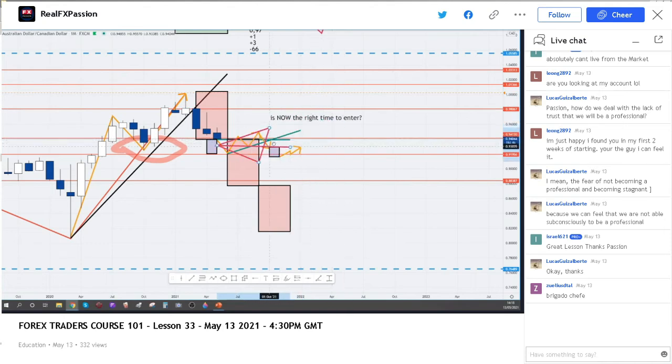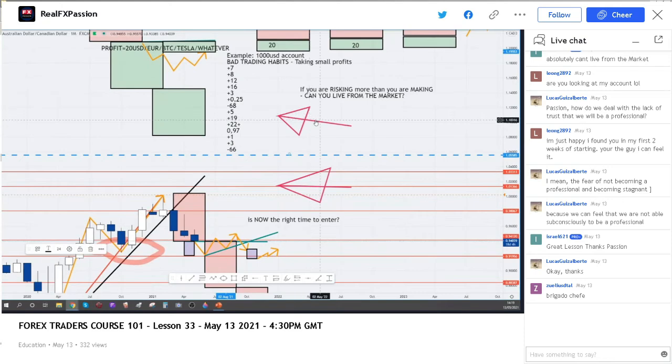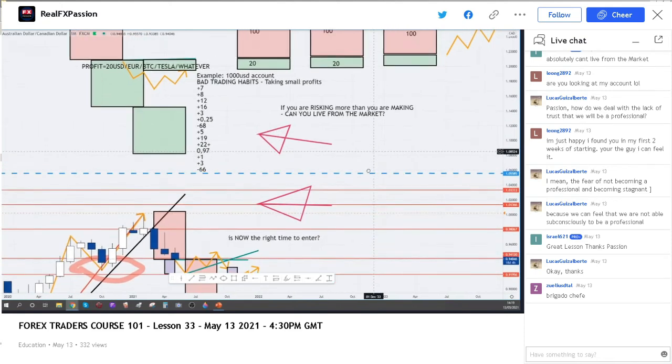And number two, if for any reason an advanced trader, still making mistakes though, and mistakes are part of the game, would enter in here, he or she would never close the trade. Make sense?